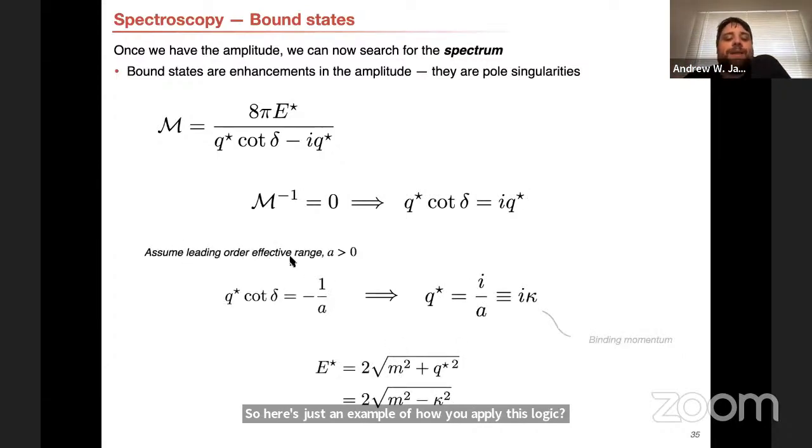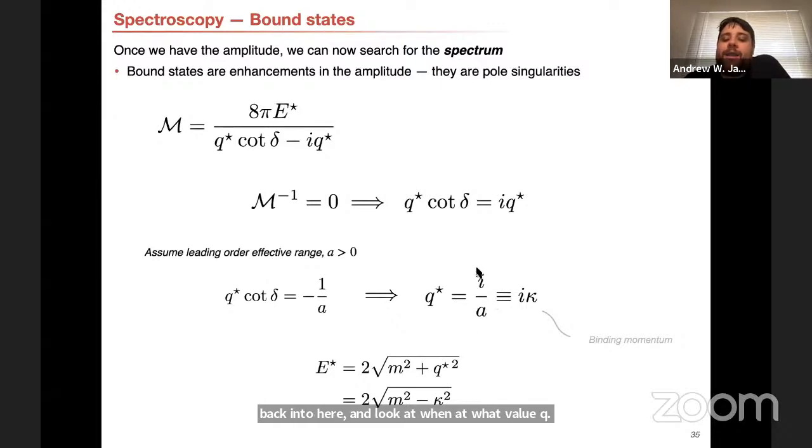Let's assume a leading order effective range expansion. So Q star cotangent delta is minus 1 over a. So imagine we determined a from some fit. It's governing the interactions. And let's assume we're at low energy such that we can ignore all the higher order terms. Well, in this case, if you substitute this back into here and look at what value Q star takes, Q star is equal to I over a.